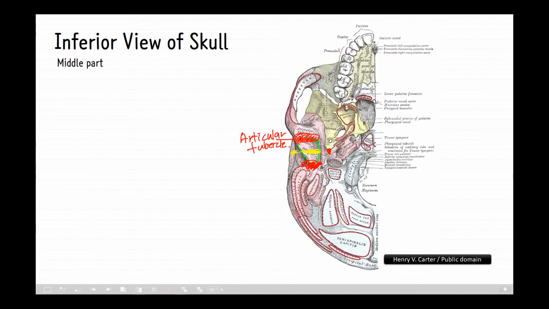Medial to the articular tubercle, there is a low elevation called the articular eminence. The posterior boundary is the tympanic part of the temporal bone. As I said, medially it is bounded by the spina angularis and laterally by a low elevation here.